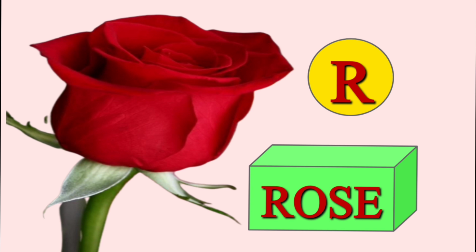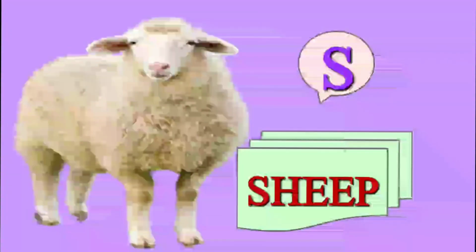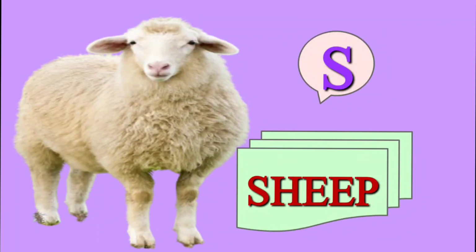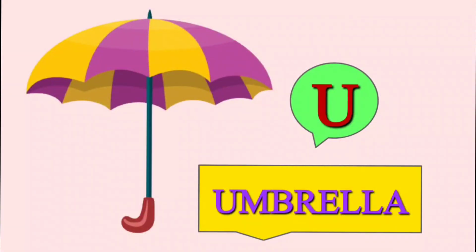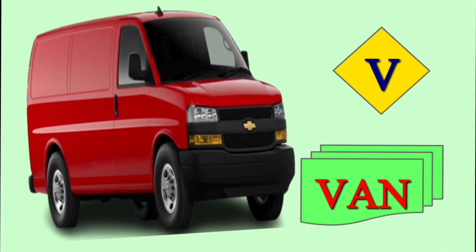R for rose. S for sheep. T for tiger. U for umbrella. V for van.